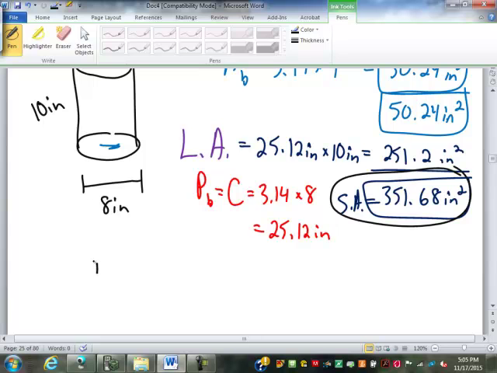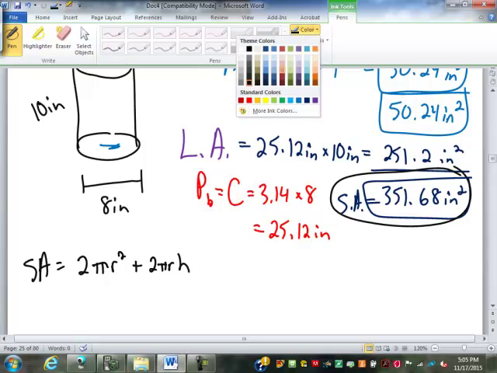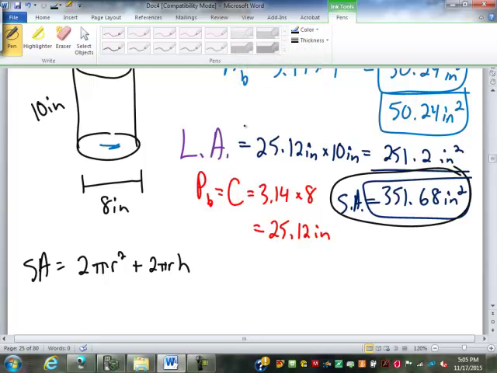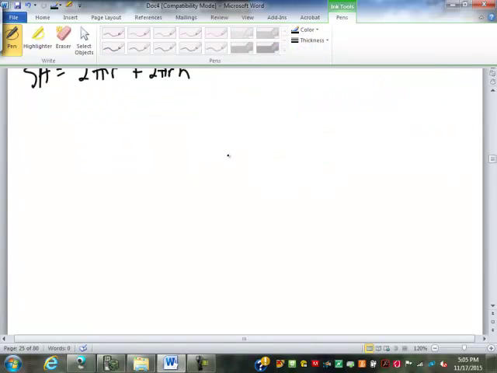Yeah. 2 times pi r squared plus 2 pi r h. That makes it much easier. Those little step things make it so much easier.